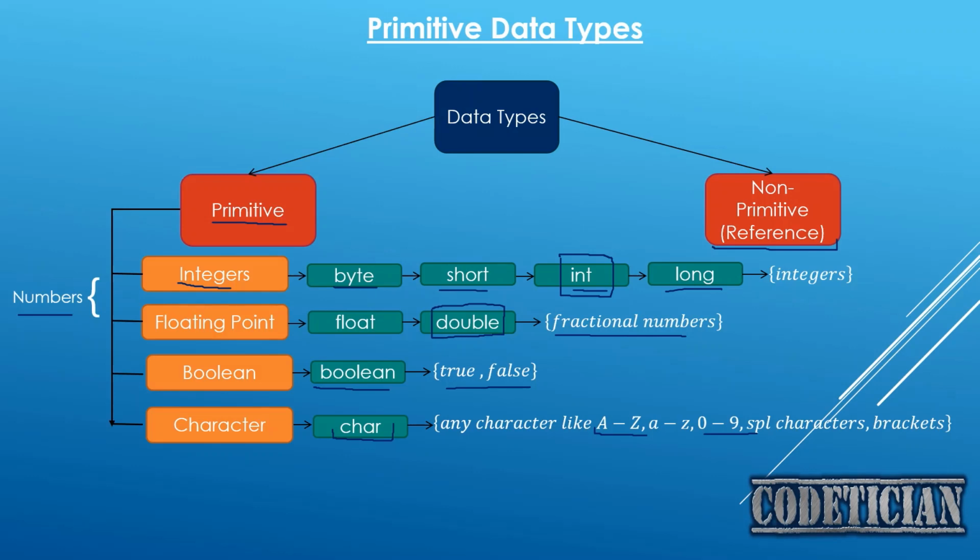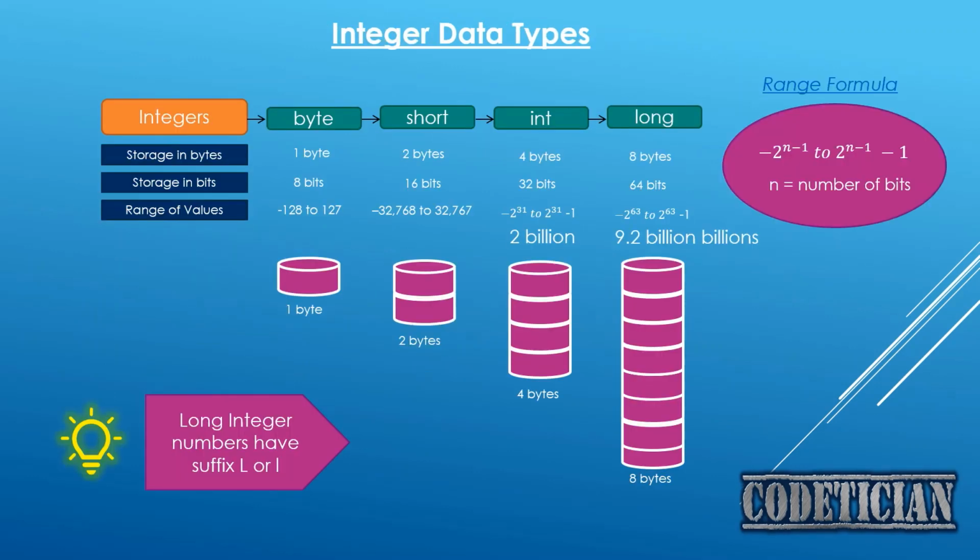Now let's see the integer data types. As I said, it is used for storing integers, but why do we have four categories? We have four categories because it depends on the storage, how big a number you want to store, and then you can decide which data type to use.